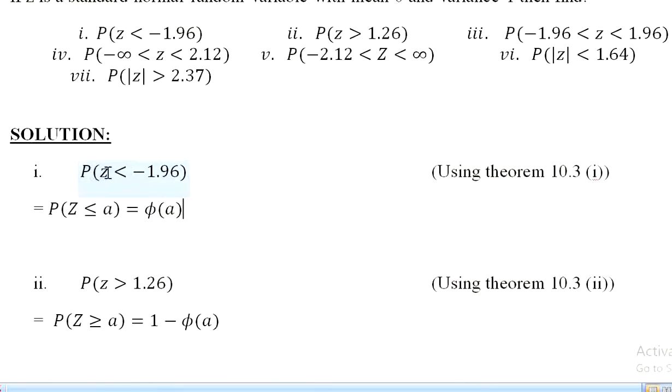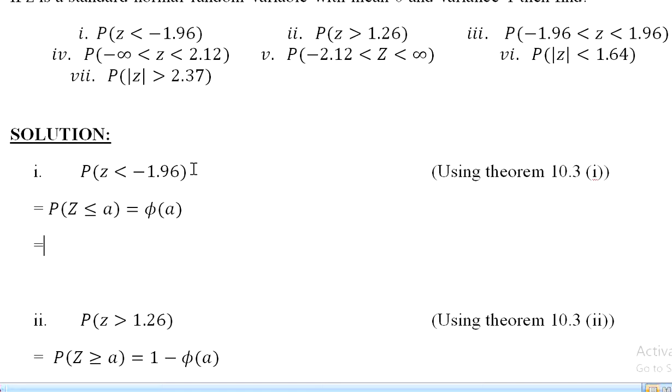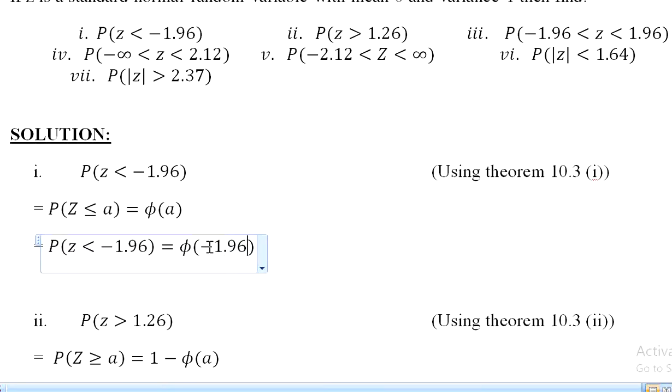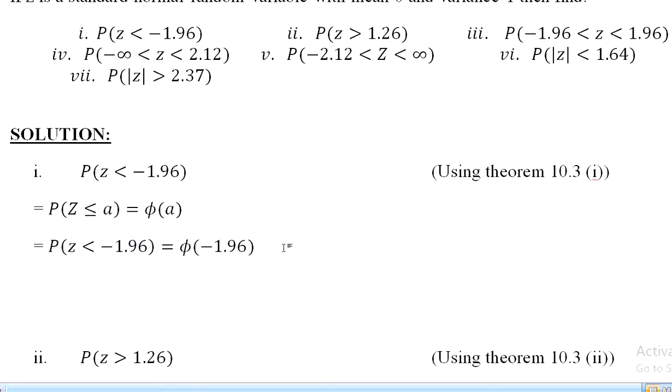If you want to find the probability that Z is less than minus 1.96, that means using theorem 10.3, the probability that Z is less than a particular point is equal to phi of a. अगर Z is less than a की probability phi of a के बराबर है, तो ये भी वही form है. इसमें a की value minus 1.96 है, so we want to find phi of minus 1.96. Now we will use table number 9.